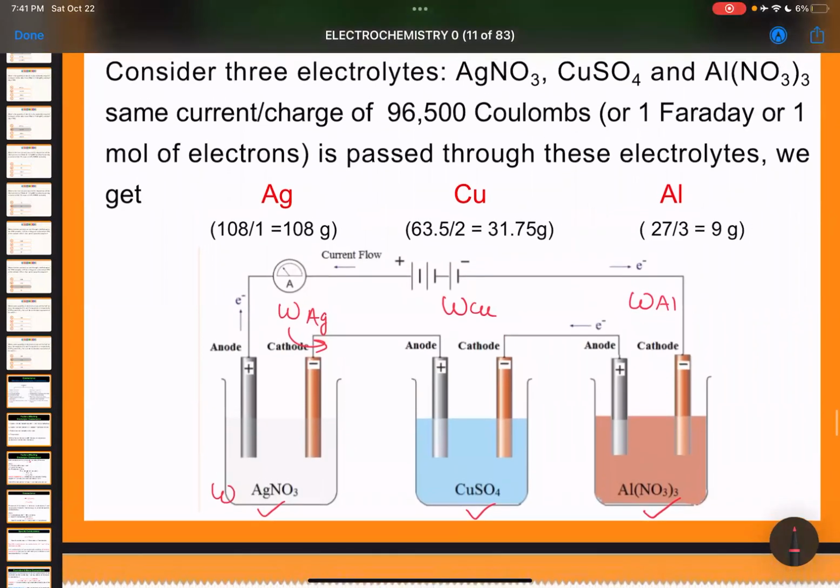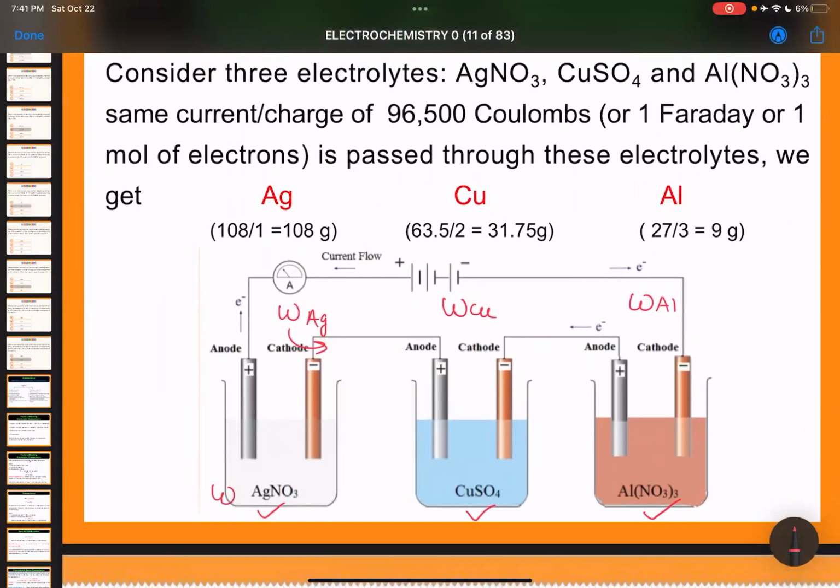Understood? I into T is same, the current is same, but the Z is different. Z equal to E by F, F is same. So only the equivalent weights are different. Equivalent weight equal to molecular weight by N.